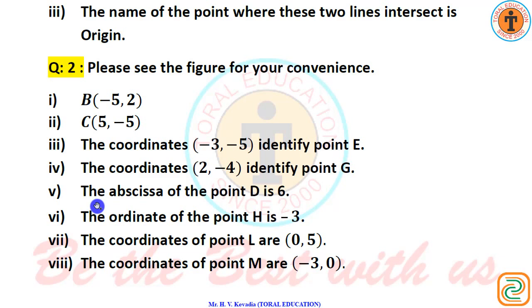Abscissa of the point D is 6 and the ordinate means y coordinate. Ordinate of the point H is -3. The coordinates of point L are 0 and 5 and the coordinates of point M are -3 and 0.